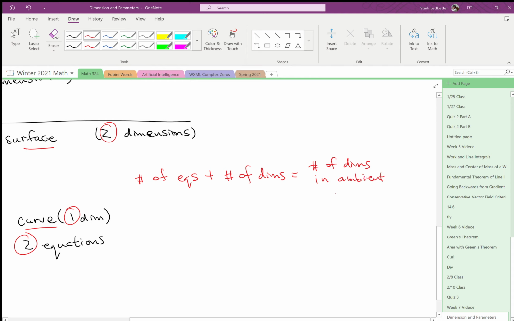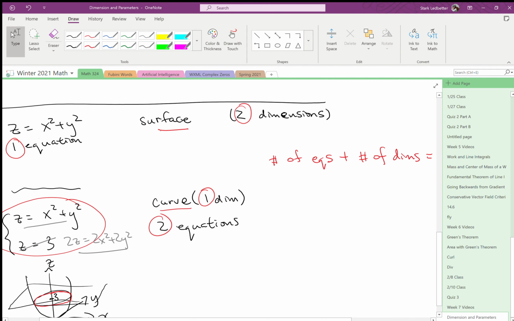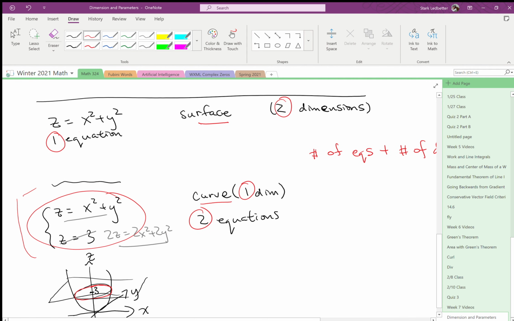Or basically, number of variables that might show up in the equations. So here, there are 3 variables that show up in the equation, so we're graphing in 3-dimensional space. We have 2 equations, not this one, but the original one, z equals 3. So we end up with a 1-dimensional thing, a curve.